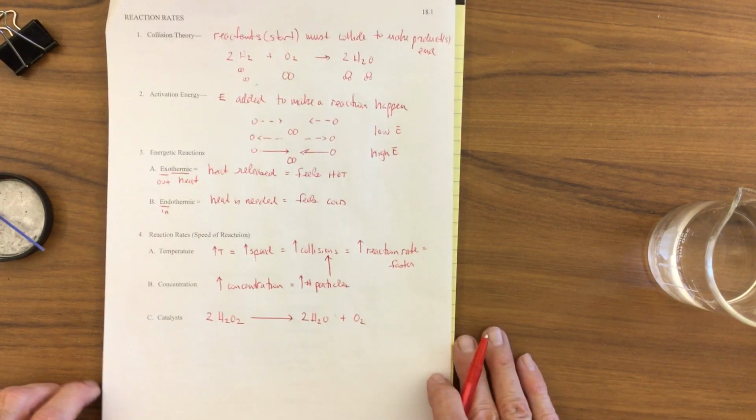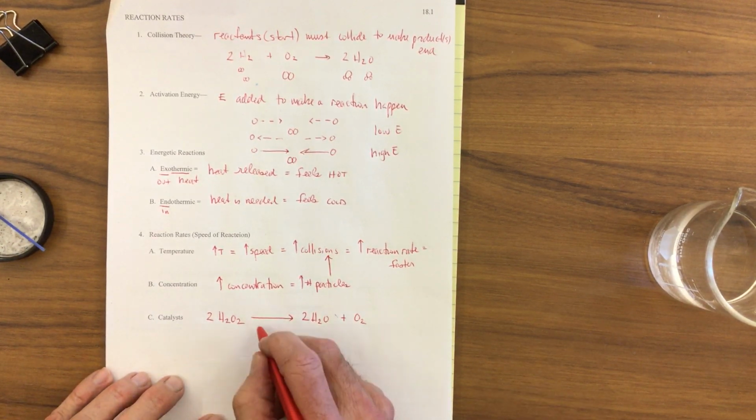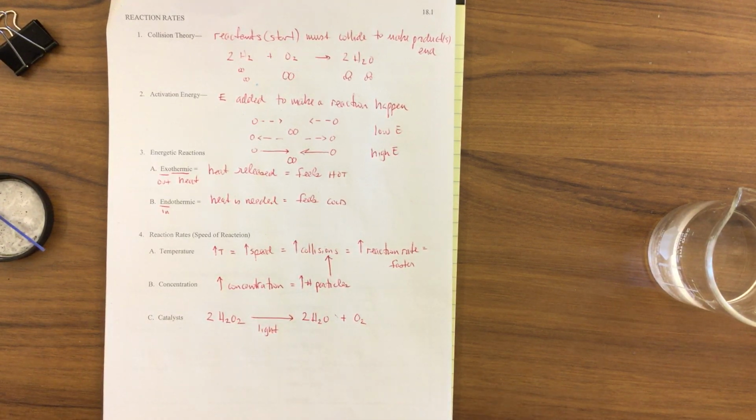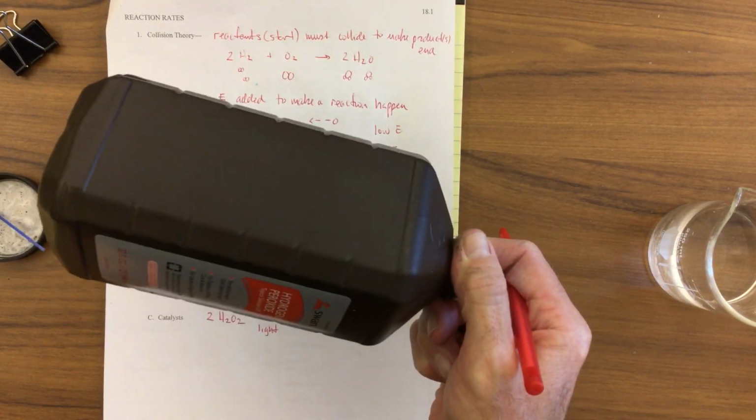Okay, so what causes this reaction to take place? Well, this naturally occurs if you have light. Light will naturally break down hydrogen peroxide into water and oxygen, and that's why hydrogen peroxide is sold in these containers, because we don't want a photochemical reaction.